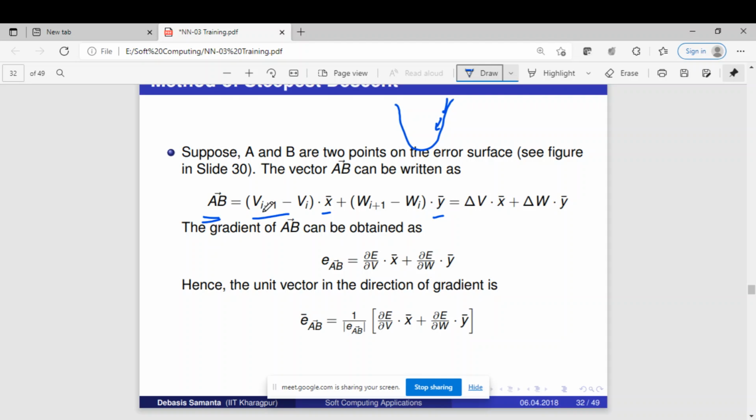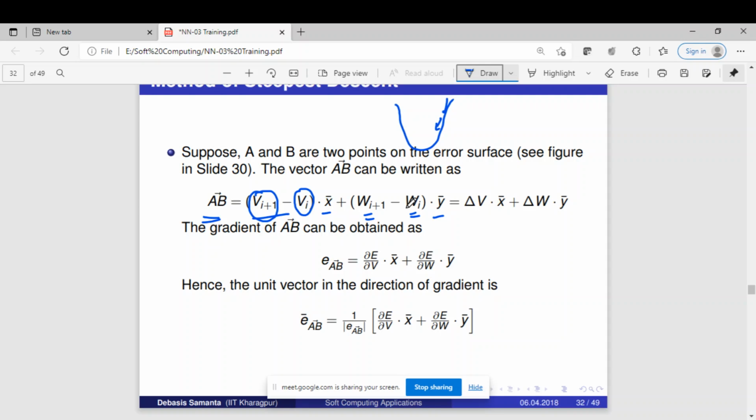The change in x is represented as vi plus 1 minus vi, where vi is the original value for the x coordinate and vi plus 1 is the updated one, the new point. Similarly, wi is the old y coordinate, and wi plus 1 minus wi is the change.